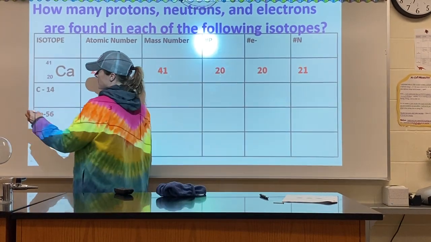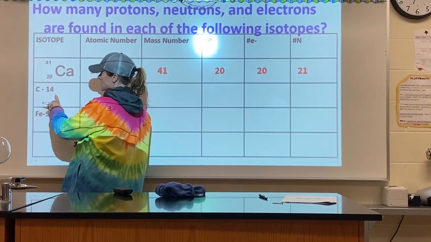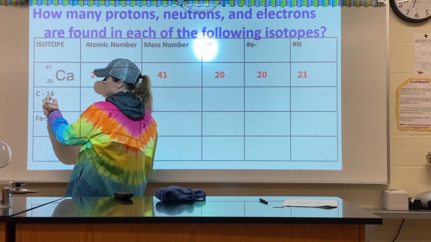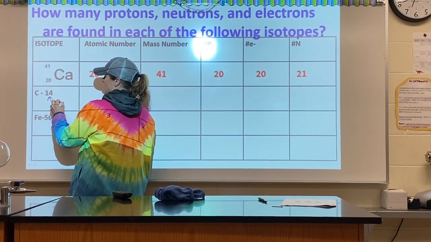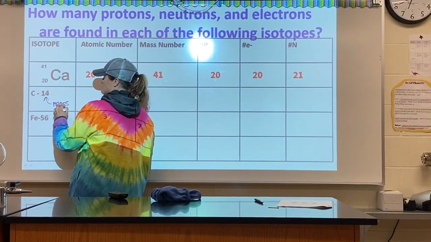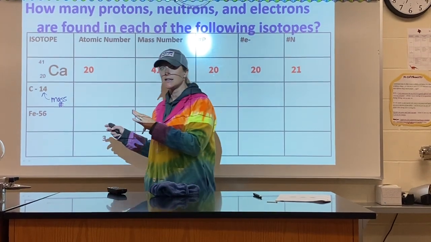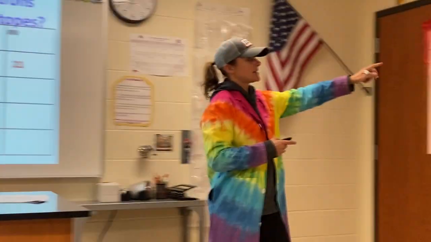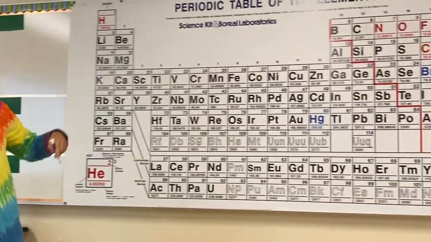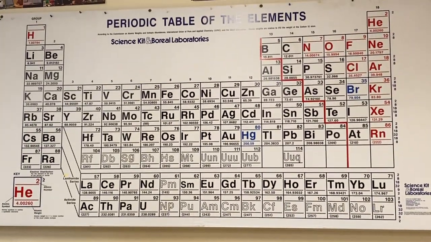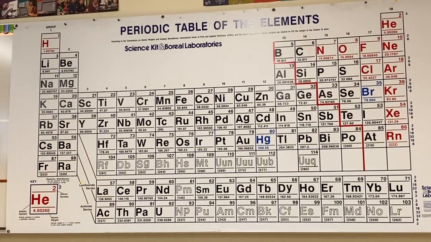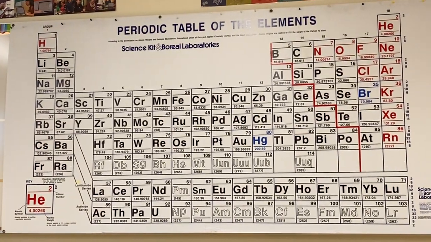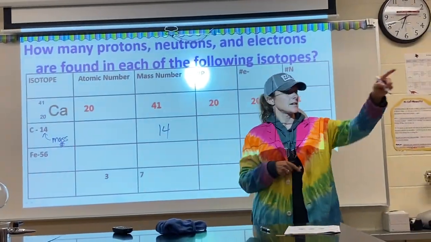Here's another type of isotope notation we haven't talked about, just writing the element with a dash mark. If you see it like this, that is the mass number. So in this case, the only way I know the atomic number is, scroll over here, Zoe, I've got to have a periodic table in front of me. And I go, okay, so carbon 14, well, remember I just said that 14 is the mass number. The atomic number I get off the periodic table.